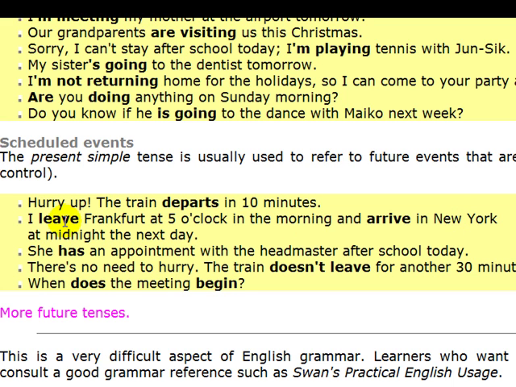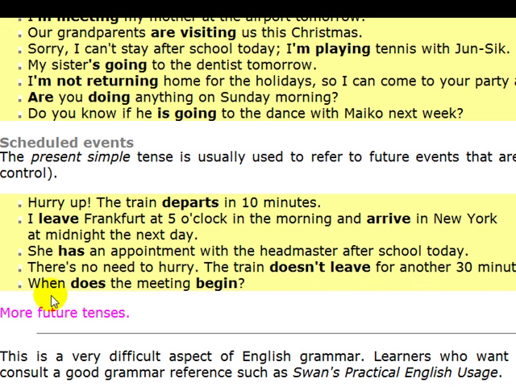I leave, okay? That's the present simple form, and arrive. She has an appointment with the headmaster after school today. She has. Simple present.